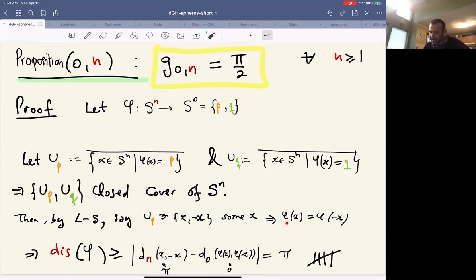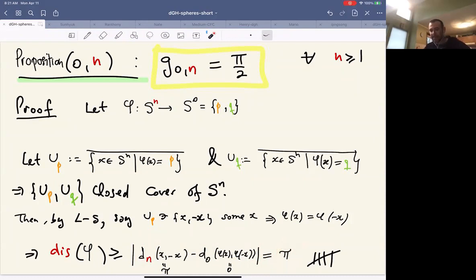So that means that phi(x) is equal to phi(-x). So the distortion of phi, being the supremum of all possible choices of x and x prime, dominates this number here. But this one is 0 because the points phi(x) and phi(-x) are mapped to the same point. Therefore, this is pi.